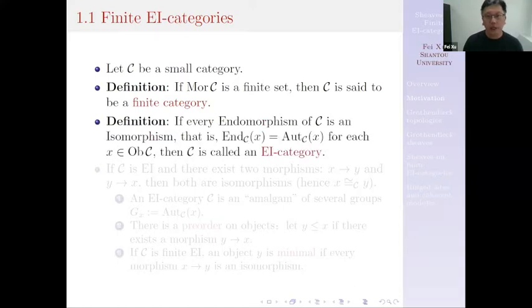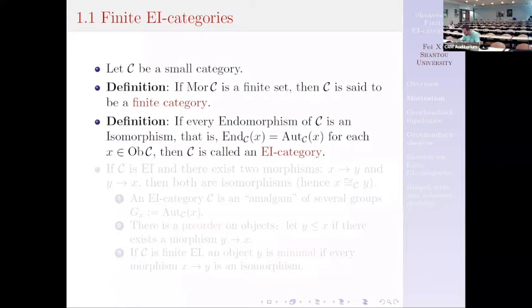So this was, I think, first introduced by Tom Dieck. If in a category C, every endomorphism is an isomorphism, then we call it an EI category. And this is necessary to establish our equivalence.